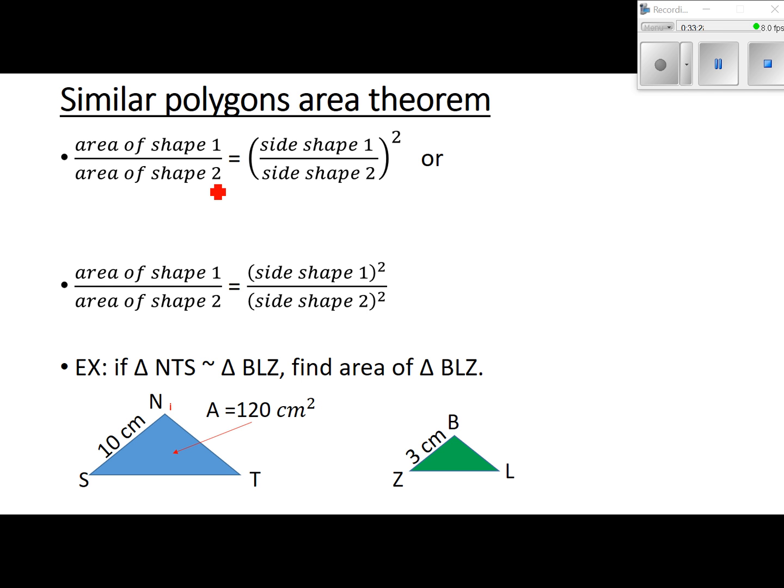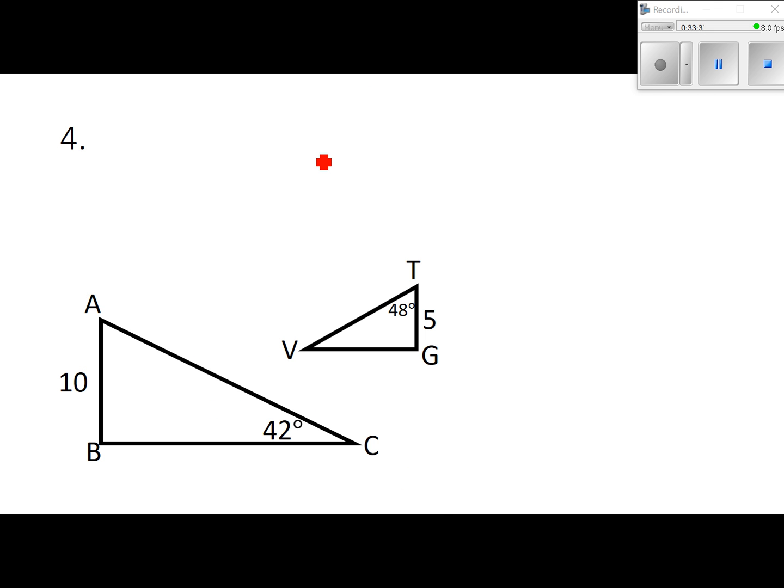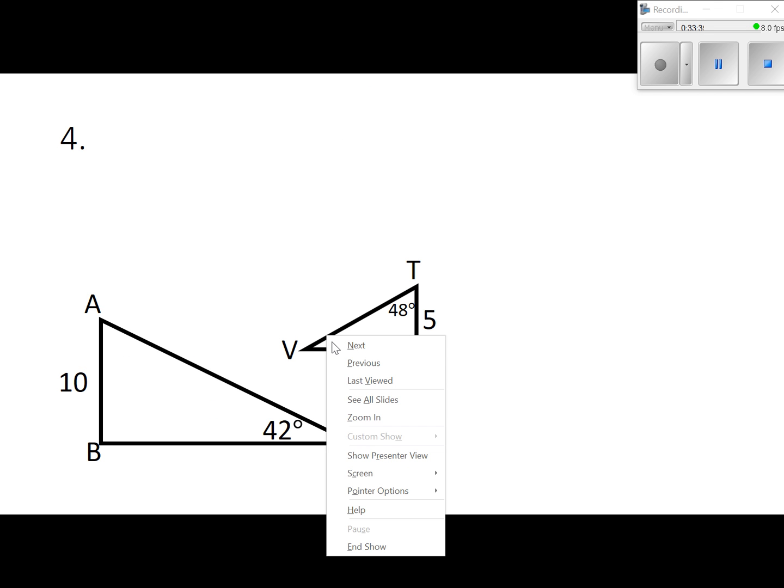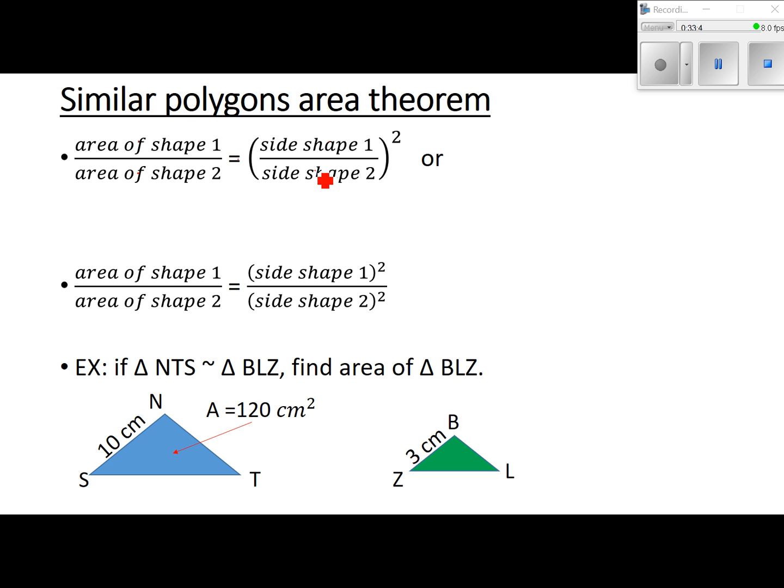All this says is area of shape 1 compared to area of shape 2 equals side from shape 1 compared to side in shape 2, but then you have to square that. And down here, this is the exact same formula, except I've split it up to maybe make it a little easier to do on your calculators. So you square the top, square the bottom.